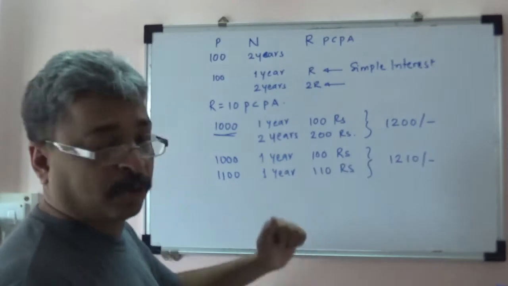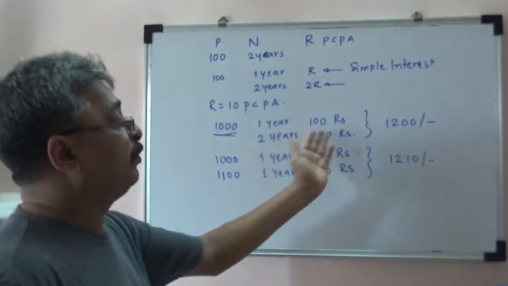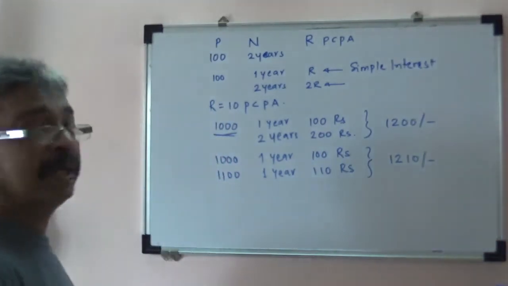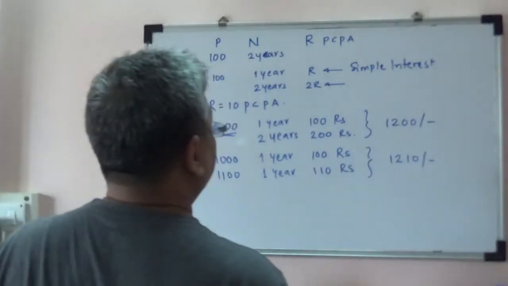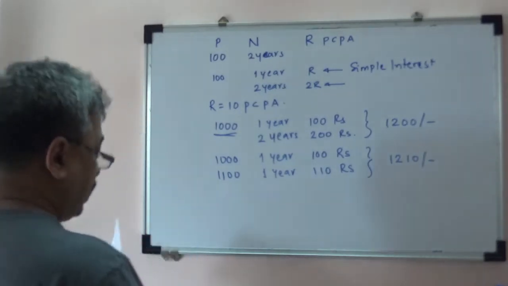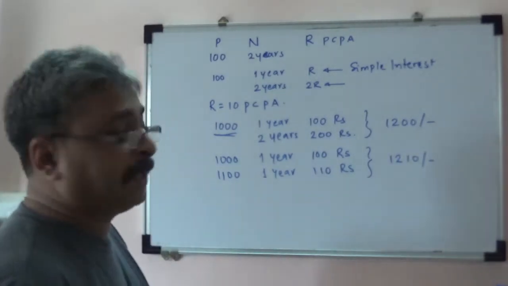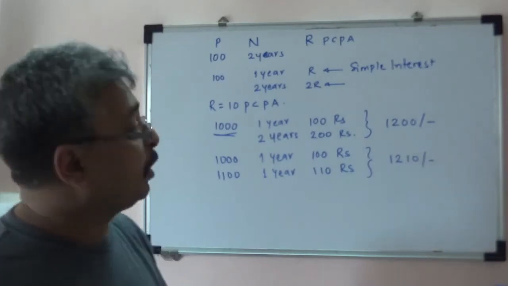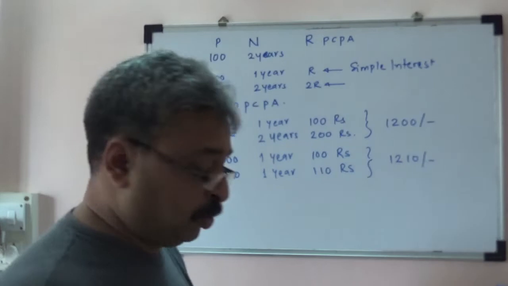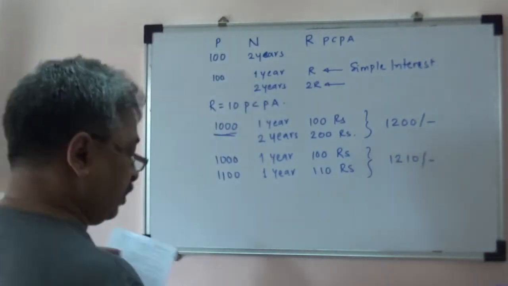If not compounded, we get simple interest 200. That is the advantage of compound interest: the money that we make because of interest is more. Therefore these days in banks compounding is done. Nobody keeps money using simple interest. It is always compound interest.